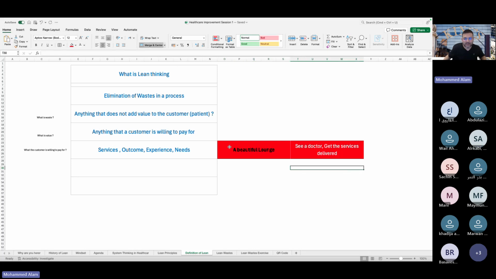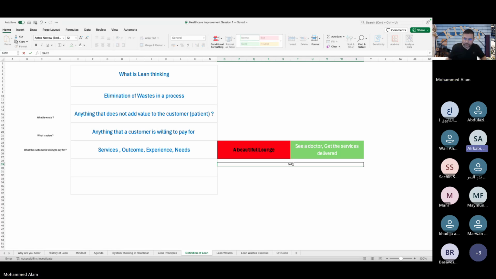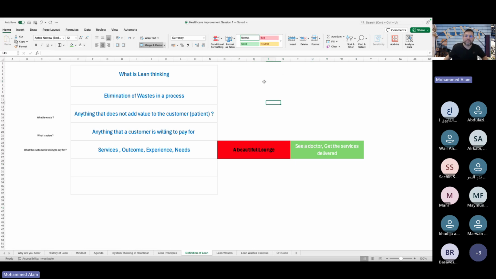So now I'll do one thing, and this will help us understand why I'm saying a beautiful lounge is something. Okay, if a patient, let's say you have charged Saudi Riyal 500 to a patient, okay, I'll not start with this, but I'll start with another example, and then we'll understand this.